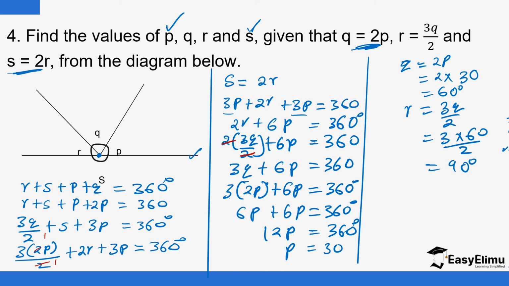And with R now, you should be able to find S. So S is 2R, so 2 by 90, which is 180 degrees. So that is what we got. That is how you go about it.